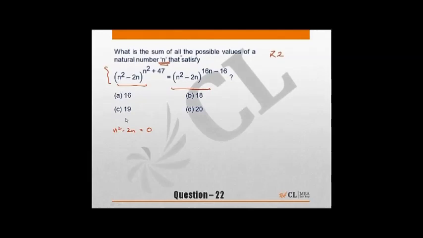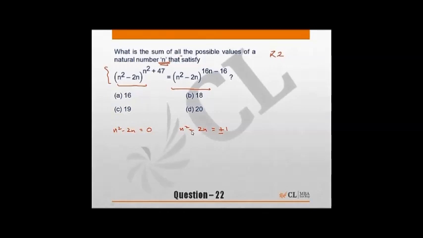Okay, I'll restart. The second case could be the base n square minus 2n is equal to 1, because if the base is 1, then whatever the power, it does not matter. Another case could even be -1. So plus 1 and -1 are both possible out here.